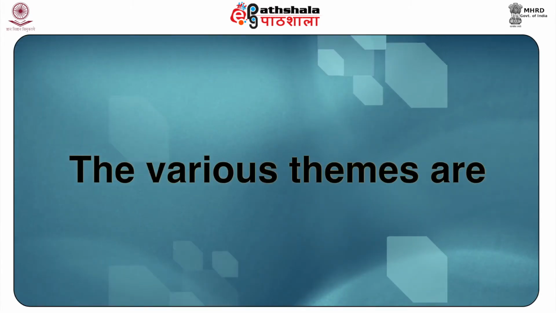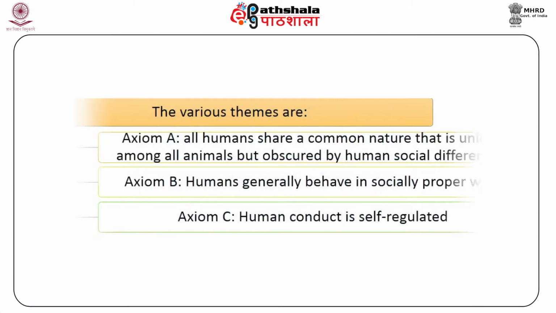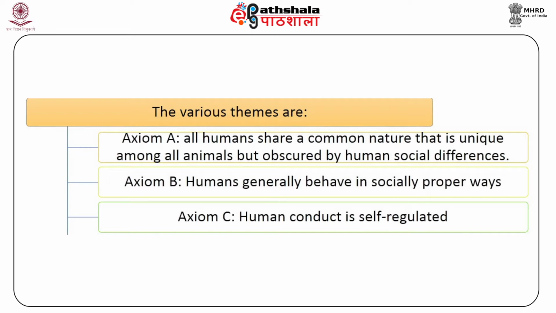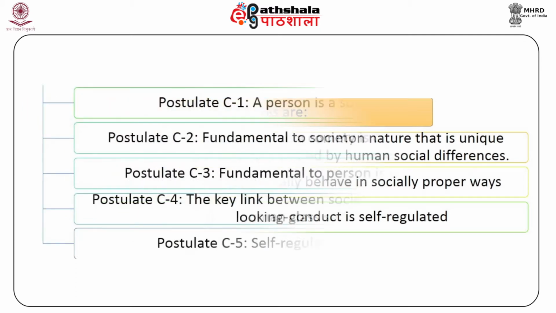The various themes are: Axiom A. All humans share a common nature that is unique among all animals but obscured by human social differences. Axiom B. Humans generally behave in socially proper ways. Axiom C. Human conduct is self-regulated.